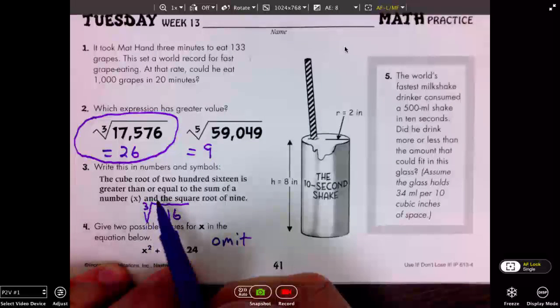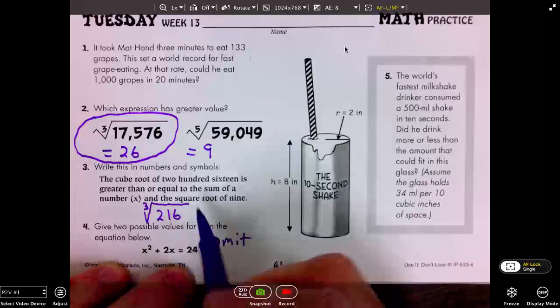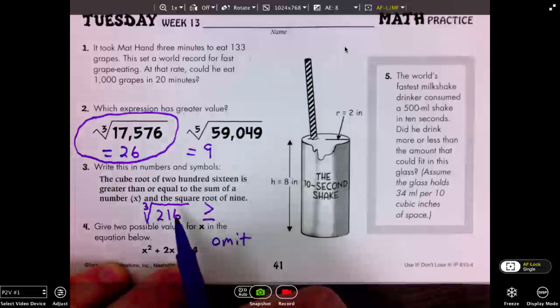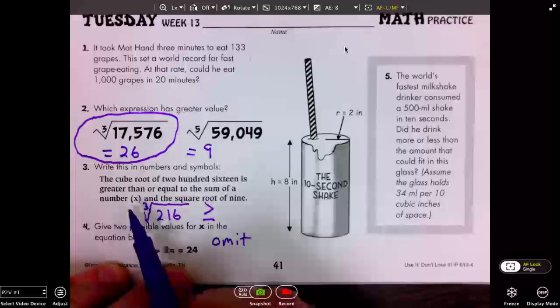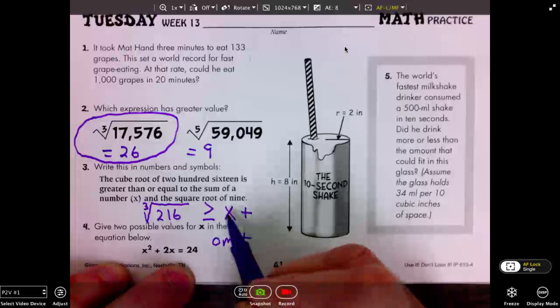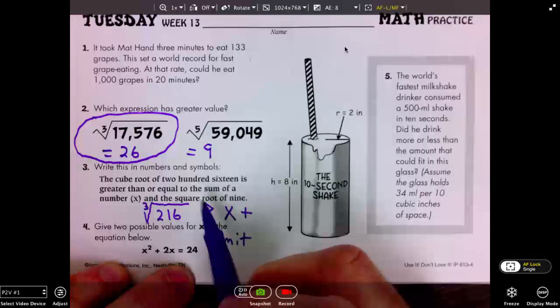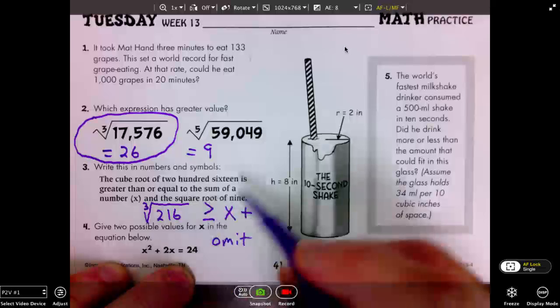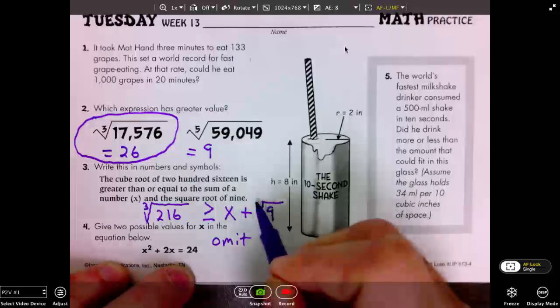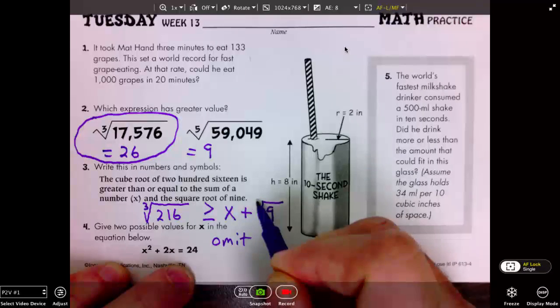Is greater than or equal to, this value is greater than or equal to the sum of a number x, x plus the square root of 9. When I put the square root, I don't have to put the index 2, but it doesn't make it wrong if you do.